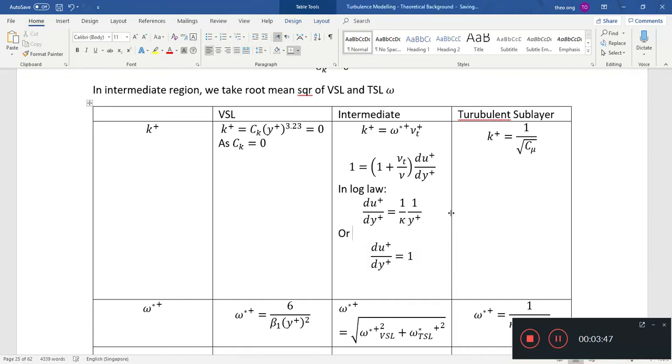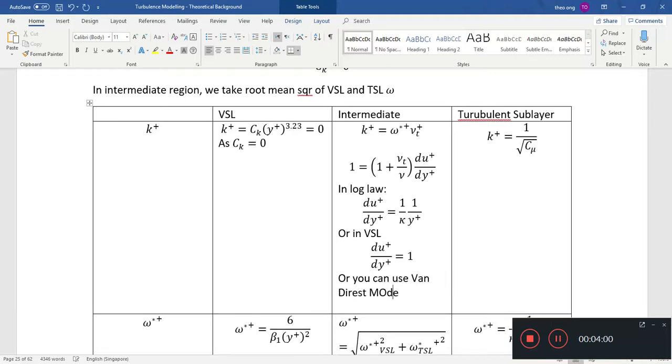So in the viscous sublayer, du dy plus equals 1, or you can use the Van Driest model.